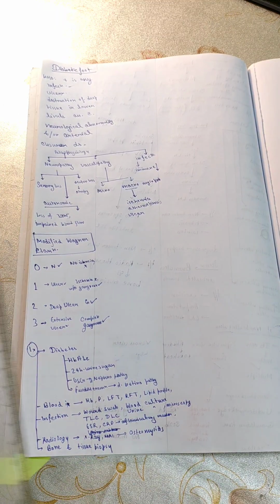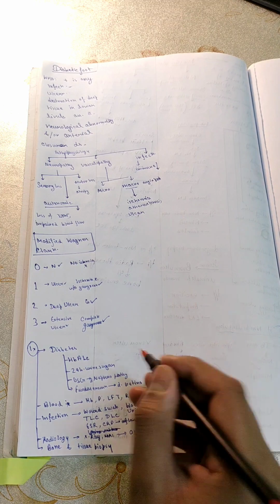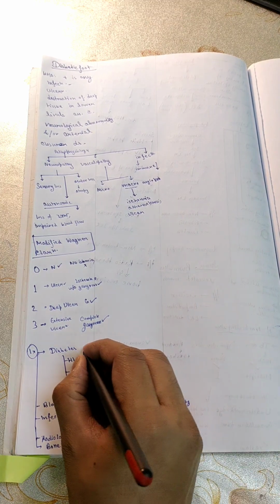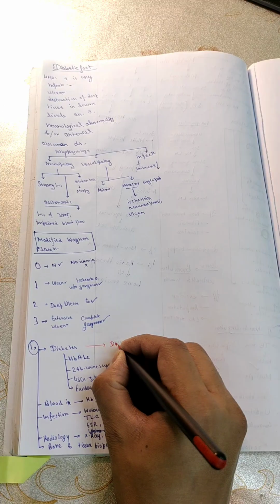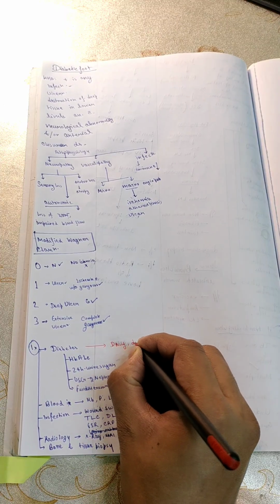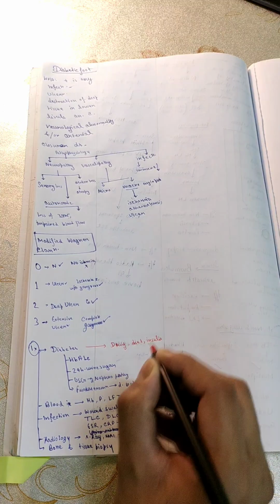Right? Now let's talk about the ultimate thing, that is the management. So regarding the management, first I have to treat the diabetes. For diabetes, I will give drug, diet, and insulin. Right.